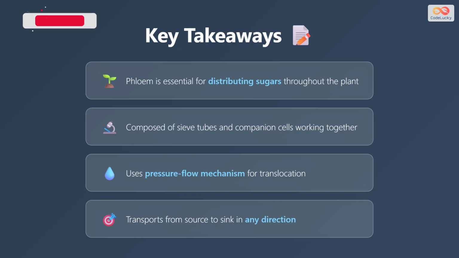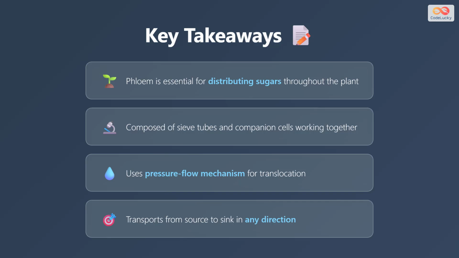Let us recap the most important points about phloem. First, phloem is essential for distributing sugars and nutrients throughout the plant, ensuring every part gets what it needs to survive. Second, phloem is composed of sieve tube elements and companion cells that work together as a team, with other supporting cells like fibers and parenchyma.